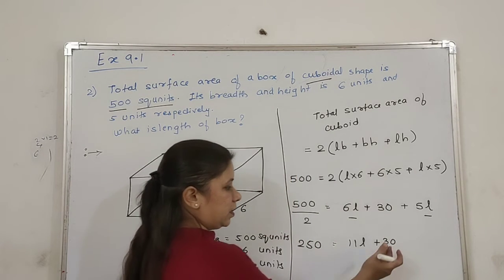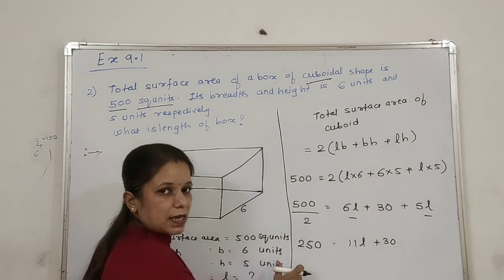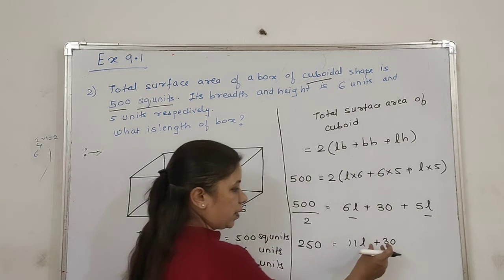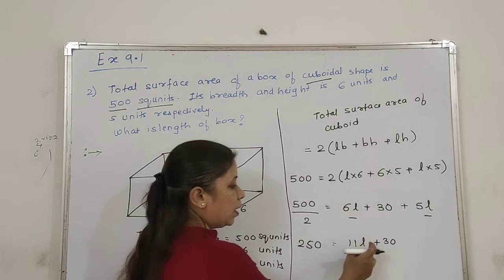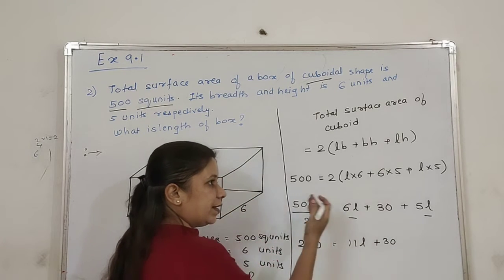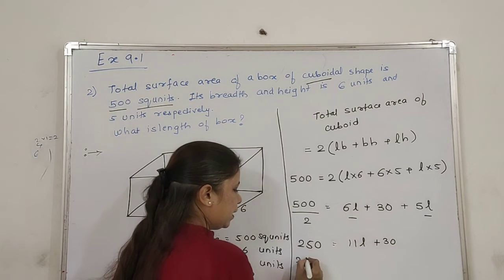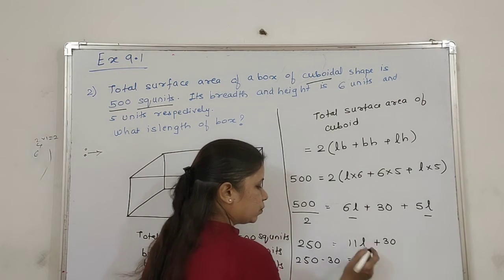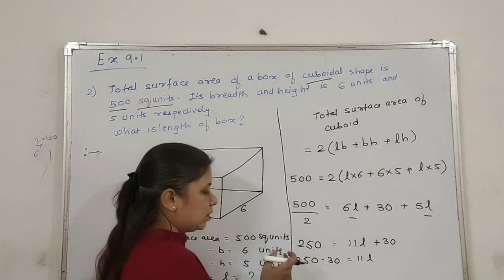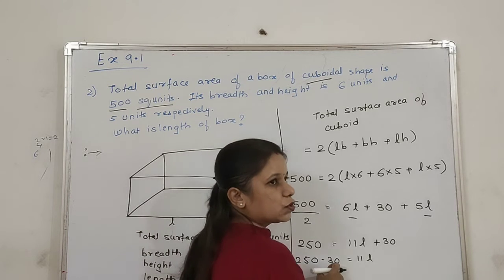Now 30 will go on this side because it is a number. All the numbers we are taking on the left hand side, plus 30. When it comes on the other side, it will be minus 30 is equal to 11L. So 250 minus 30 is 220.